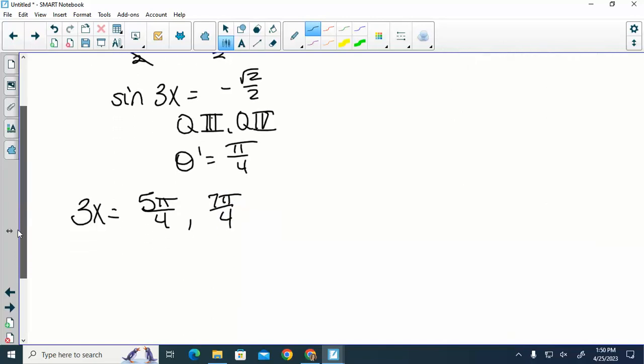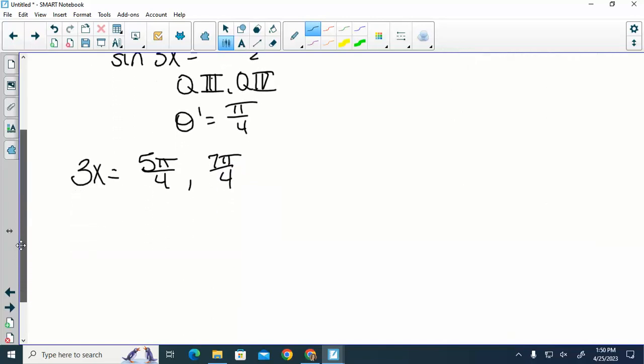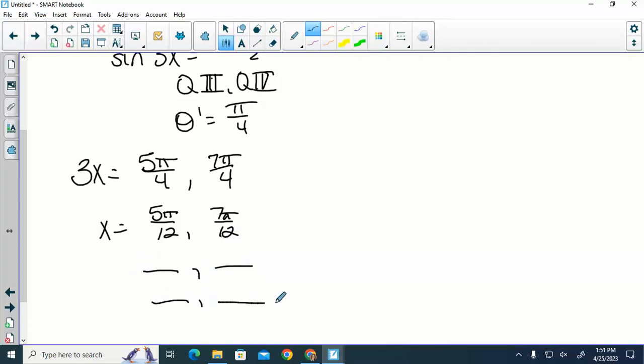But now what do we do? Divide them both by 3. So we get 5 pi over 12 and 7 pi over 12. But we said triple solutions. We have 2, so if I triple that, we should get 6. So the period of this, normal period is 2 pi, divided by the coefficient of x is 3.